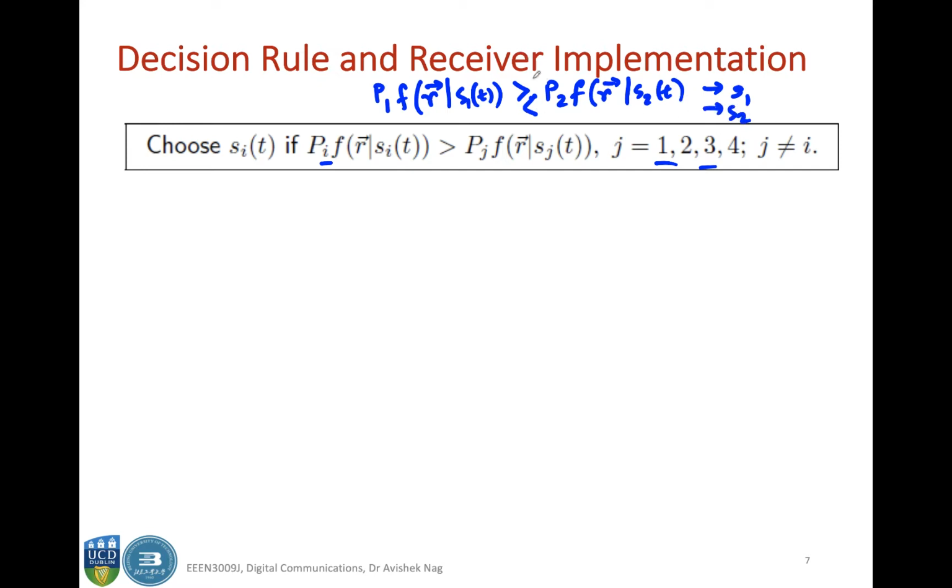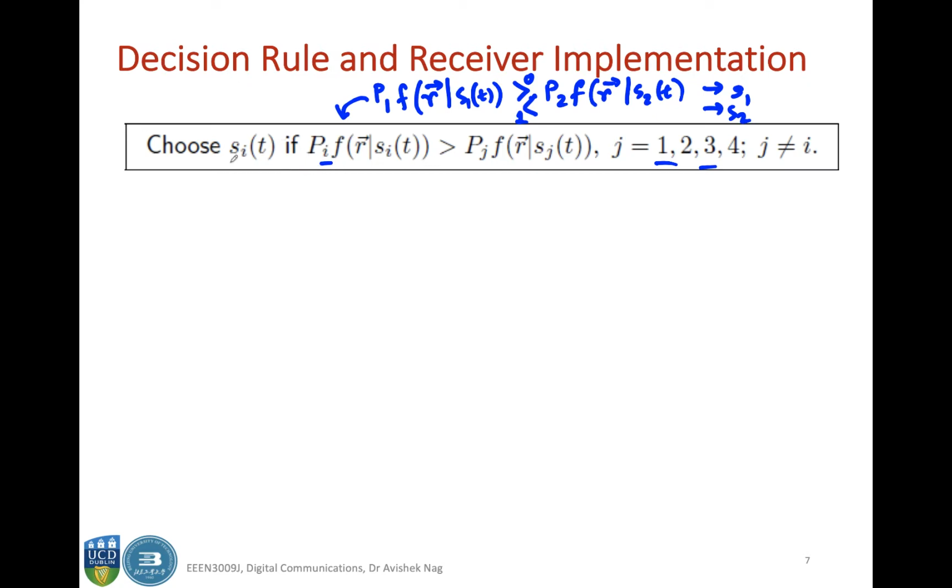In other words, if this term was greater, then you decided that a 0 was transmitted, and if this is less, then you decided a 1. The same concept is applied here. It's a more general rule now.